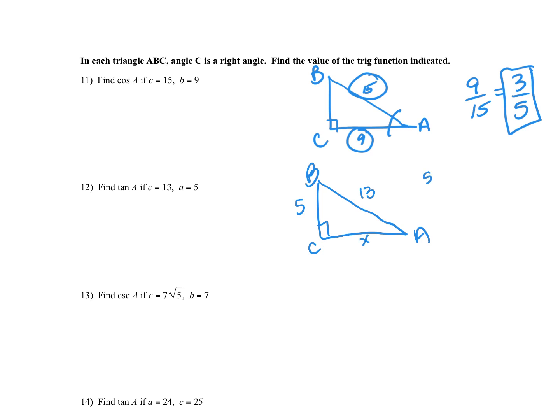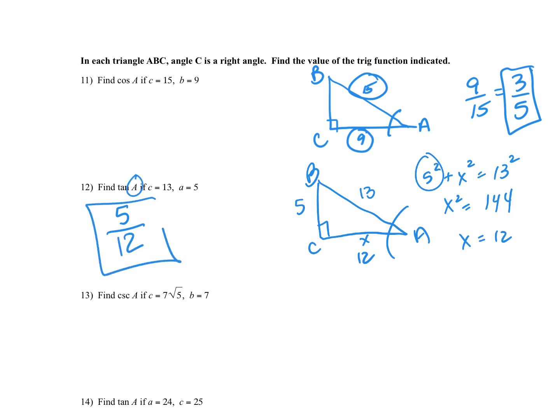We have that 5 squared plus x squared equals 13 squared. So x squared equals 144, which is 169 minus 25. It's actually a famous triangle, and x equals 12. So this guy here is a 12. And they want the tangent of A, which is opposite over adjacent. So there we go.